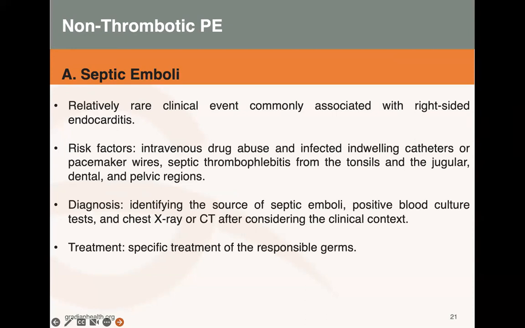Diagnosis is through identifying the source of septic emboli, doing a blood culture test, and chest X-ray or CT after considering the clinical context. The treatment is specific for the responsible organism. Once you do a blood culture test, you can know the causative organism and then you can treat it.